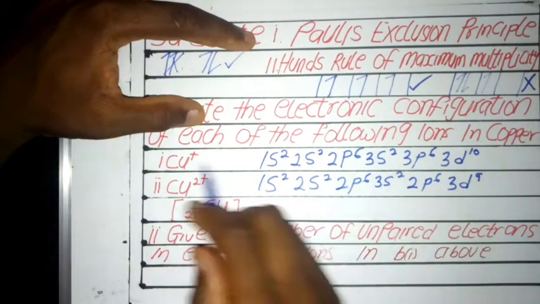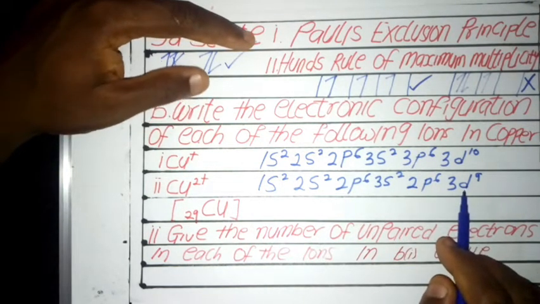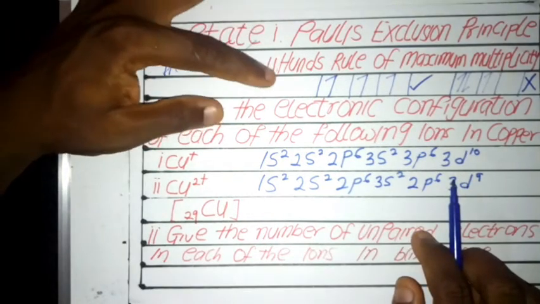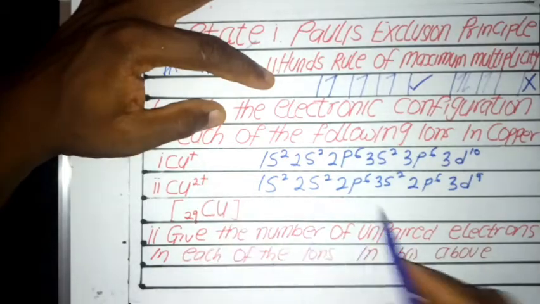So this is 28. This is 29. Remember, this one we lost 2, this one we lost 1.